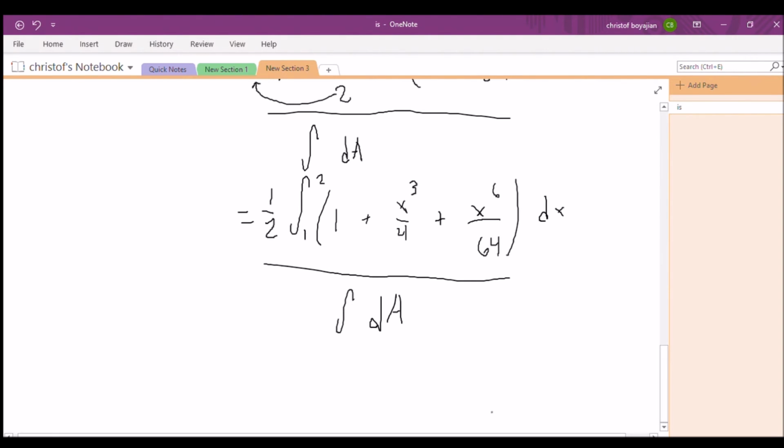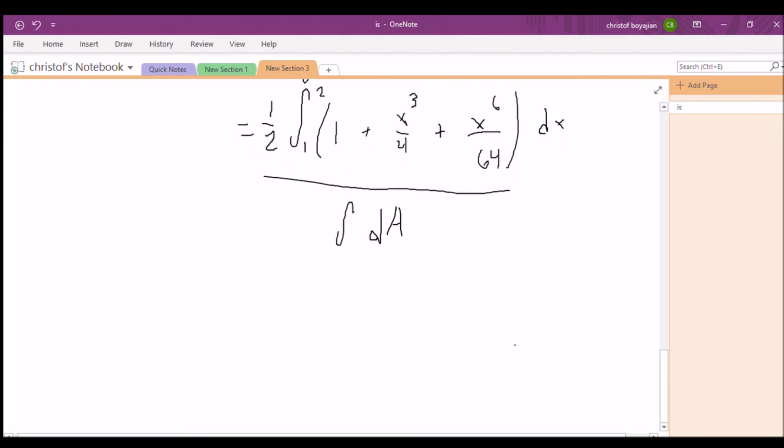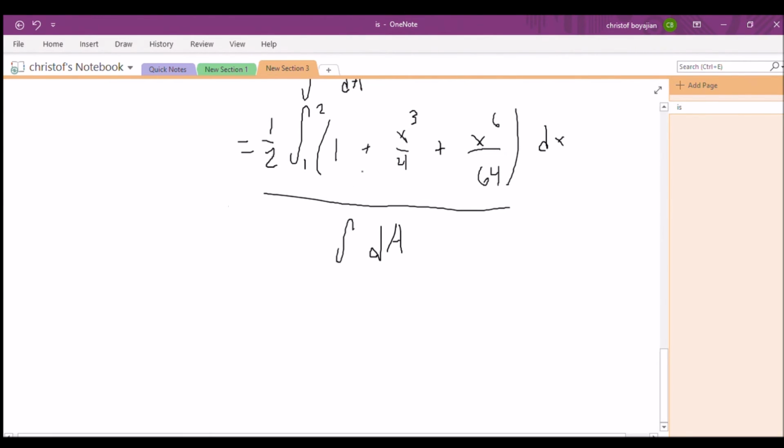All right. So let's go ahead and evaluate this integral. Now we're getting to that step where we can evaluate the integral. So we have our 1/2 over here times our x plus x to the 4th over 16 plus x to the 7th over 7 times 64.